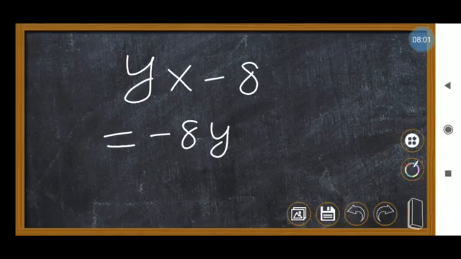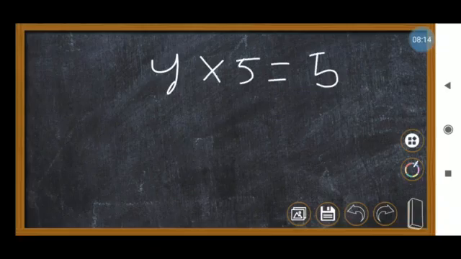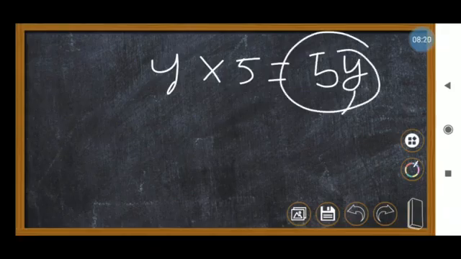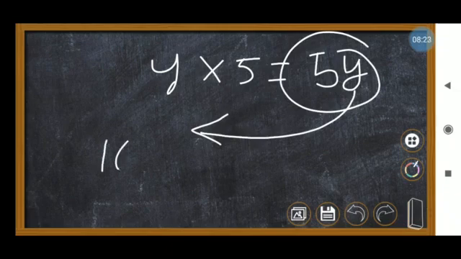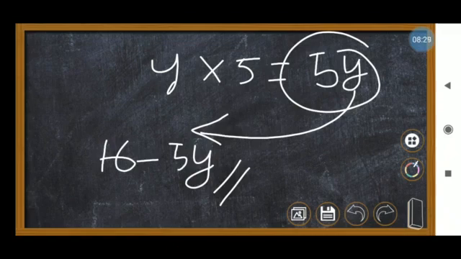Okay, students, some more tricky questions are present. y is multiplied by 5 and the result is subtracted from 16. First you have 5y, this is the result, and it is subtracted from 16, so 16 minus 5y. This kind of tricky question is also given in your exercise.